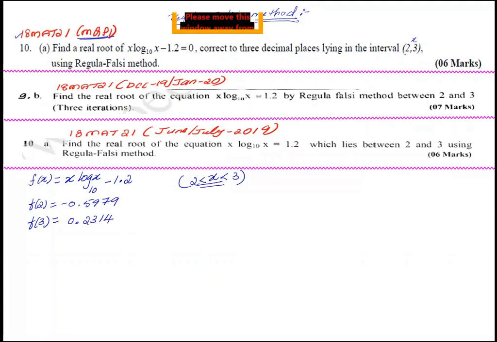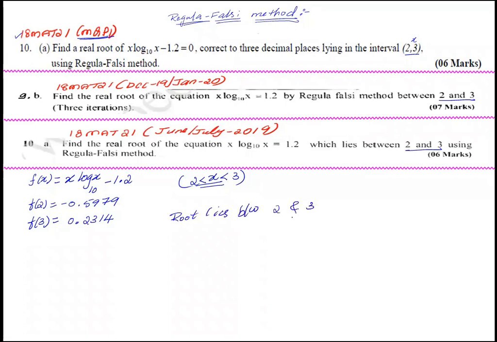It's already mentioned in the question, right? Because f of 2 is negative and f of 3 is positive, the root lies between these two. You can even check f of 2.1, f of 2.2, like that, and you will see it goes from negative to positive; that step you can also take.